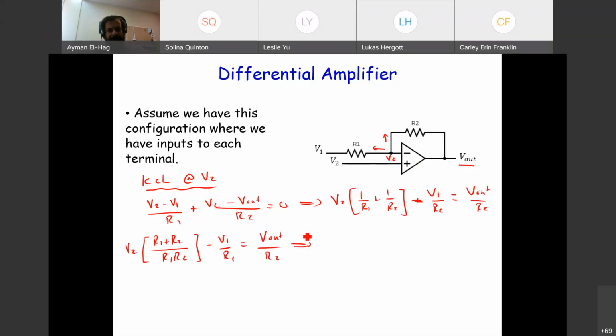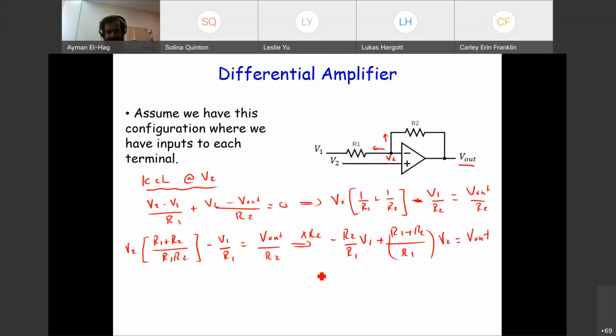So I will multiply everything with R2. So what we will get here, we will have minus R2 over R1 times V1 plus R1 plus R2 over R1 V2 is equal to your V out.